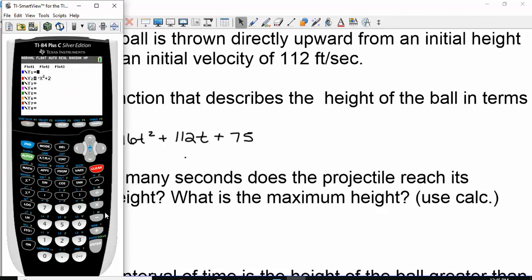So you don't have a T button, just use the X, negative 16x squared plus 112x plus 75.